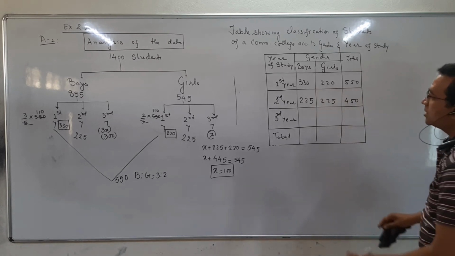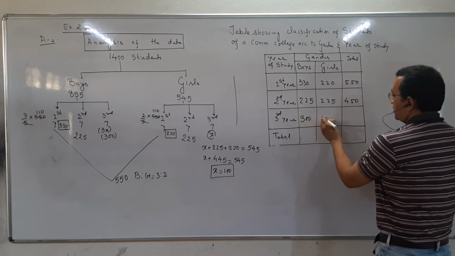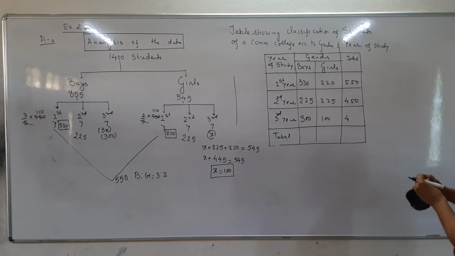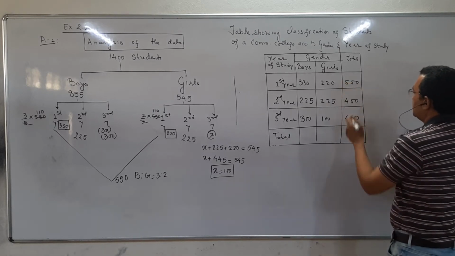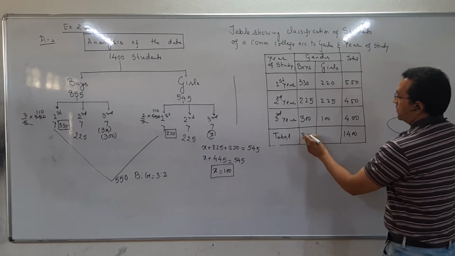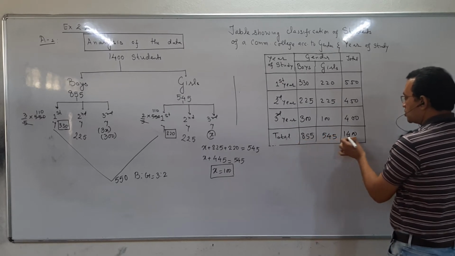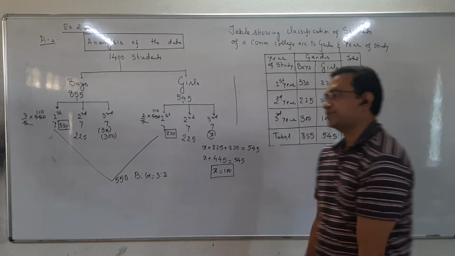In third year, boys were 300 and girls were 100, so total is 400. Total of this will be 1400. How many boys were there? 855. How many girls were there? 545. This horizontal total and vertical total must match, otherwise the table is wrong.